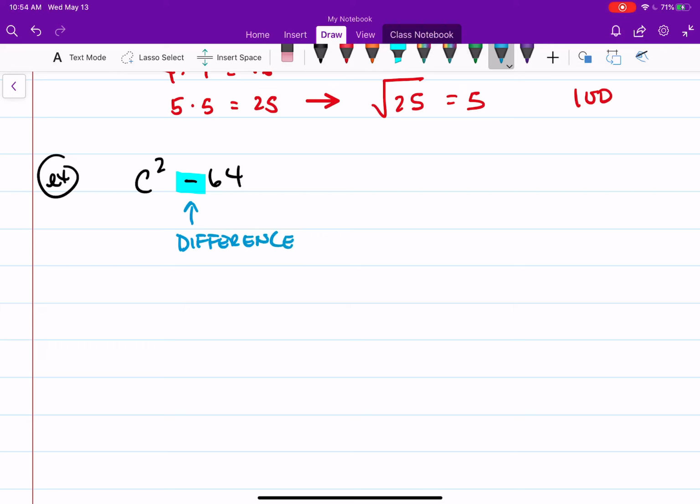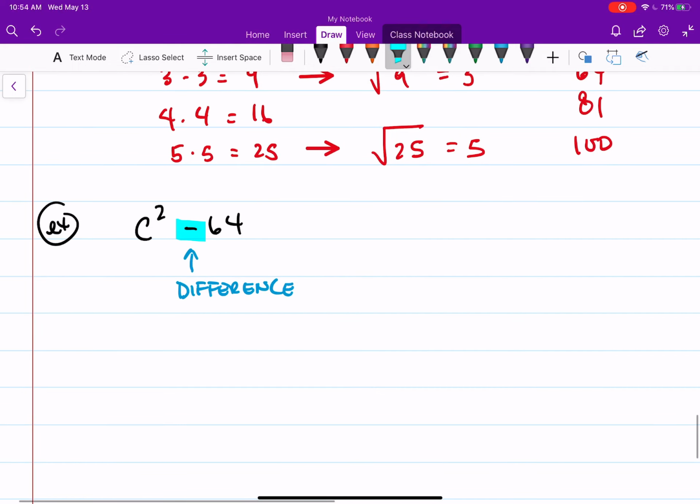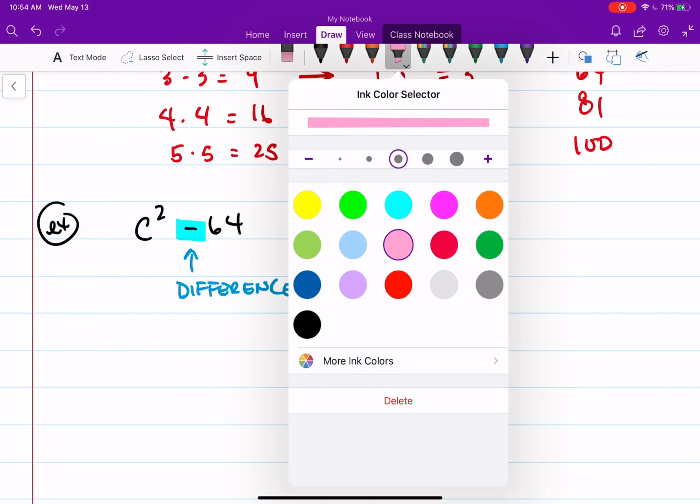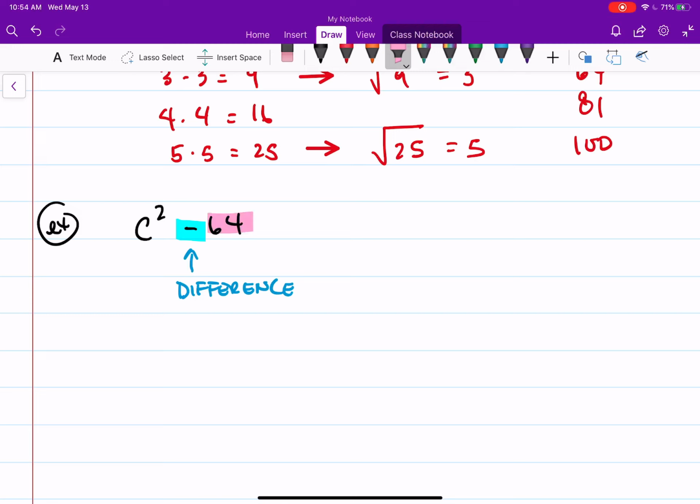Subtraction, right? 64, so you can go and take the square root of 64, and that's equal to 8. And this would be c times c, right?